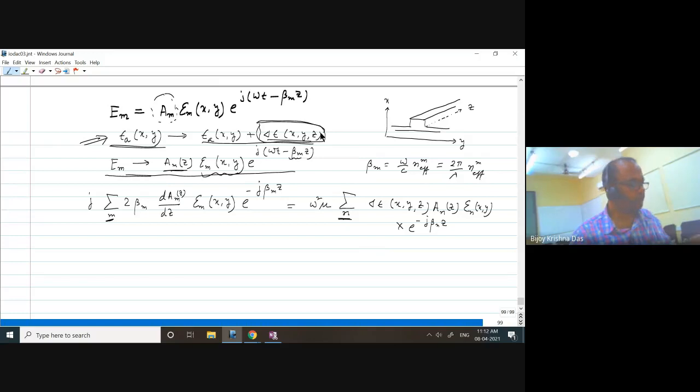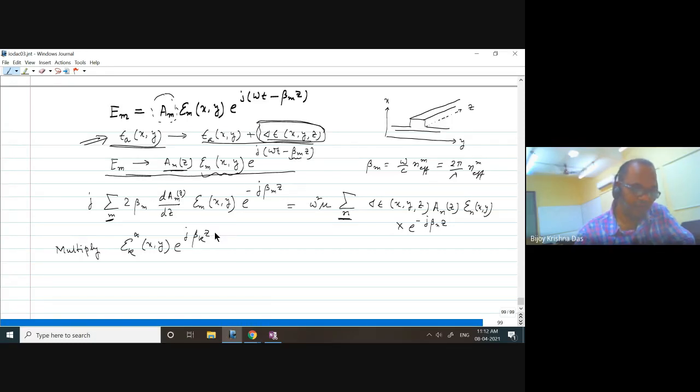All right. So what we'll do here, we'll do one thing starting from here. You multiply ek star xy and its propagation e to the power j beta k z, both sides.